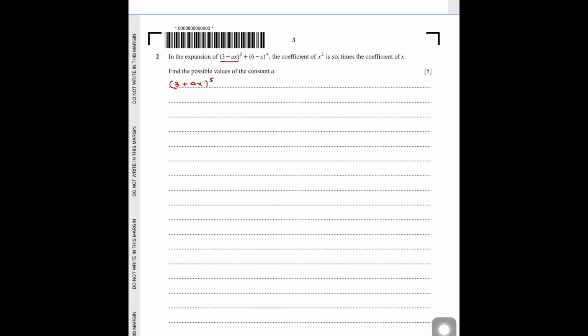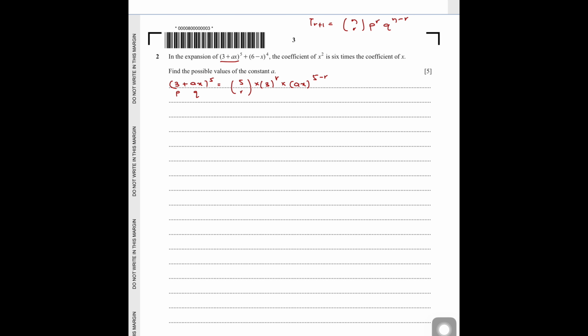I compare it with T(r+1) = nCr p^r q^(n-r). So n is 5 here, so 5Cr, p is 3, that's p and that's q. 3 to the power r and q is (ax)^(5-r).